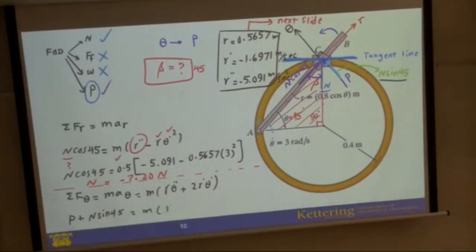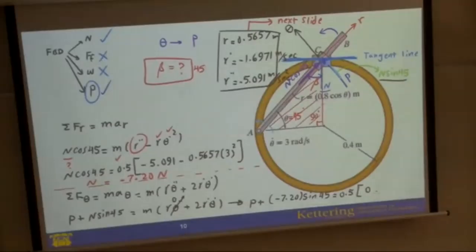From this equation, we write P plus the normal force of minus 7.20 sine 45 equals mass 0.5 multiplied by, the first term is 0, why?